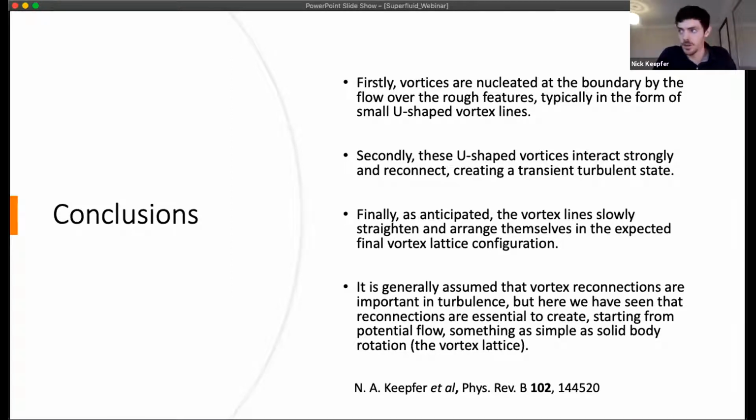Well, actually, we use the GPE model in these numerical simulations, and applying that to superfluid helium is a bit of a stretch as it is, because in superfluid helium you have stronger interactions between the fluid. But the main thing we were searching for is the dynamics that happen between the quiescent fluid and the rotating one. At that point, the GPE captures the dynamics we're looking for on the length scales that we're looking for.